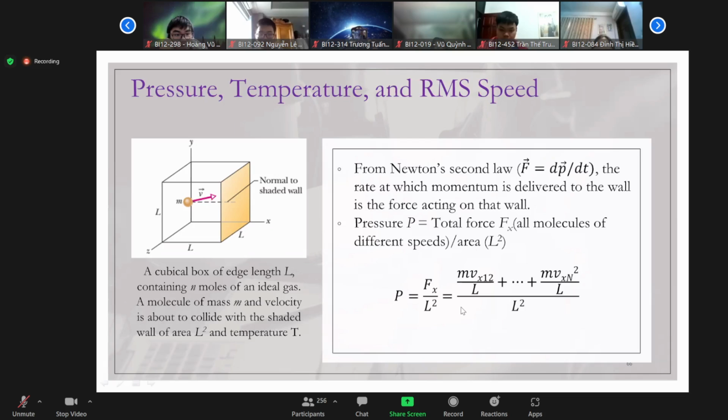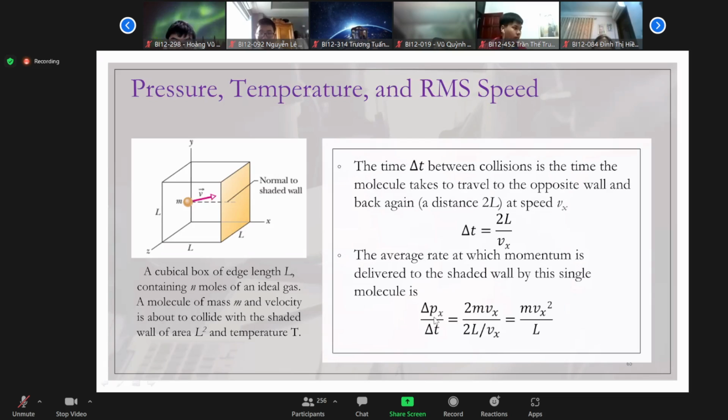Teacher, I do have a question. Yes. In the previous slide, why doesn't delta px have a minus sign? This is delta P, and we consider only the x-axis. Here we consider the change in the particle momentum.